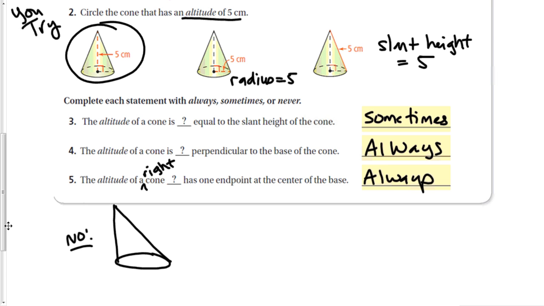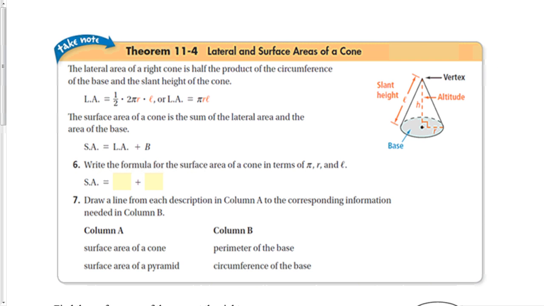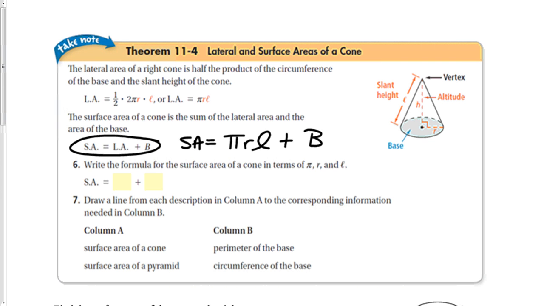Next page. So now we're talking about lateral area and surface area of a cone. The lateral area is the area of everything except the base. So in this formula for surface area, your lateral area is pi r times the slant height plus the area of the base.